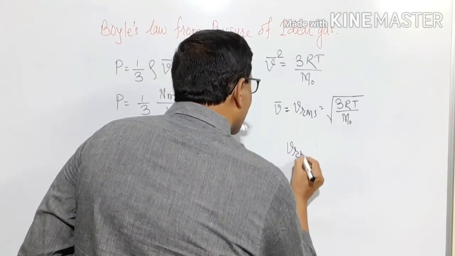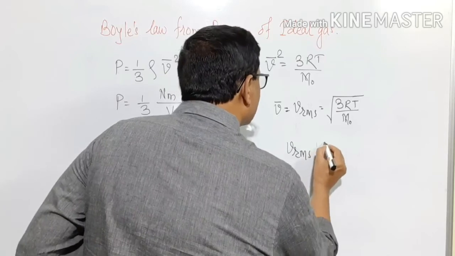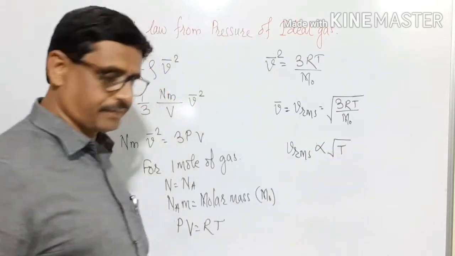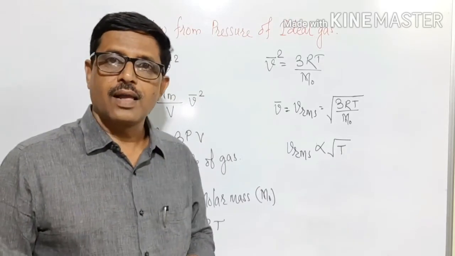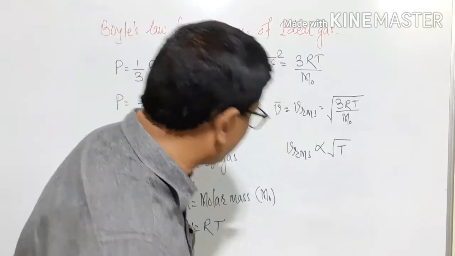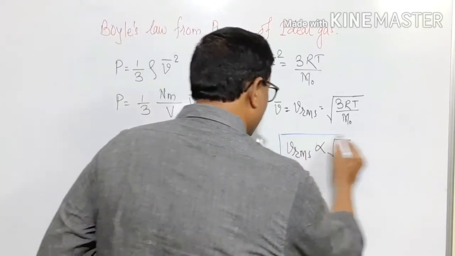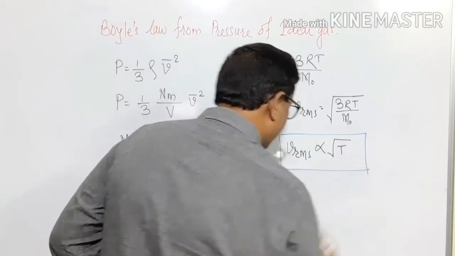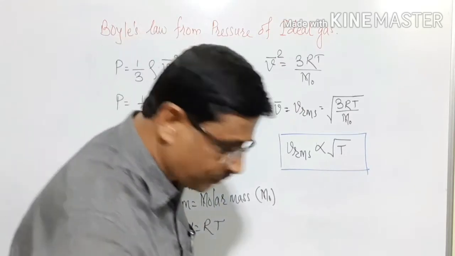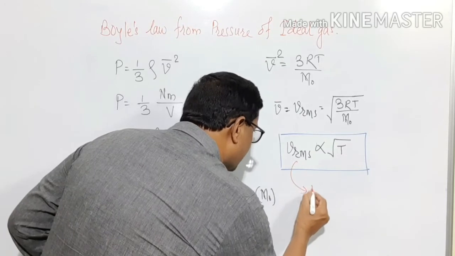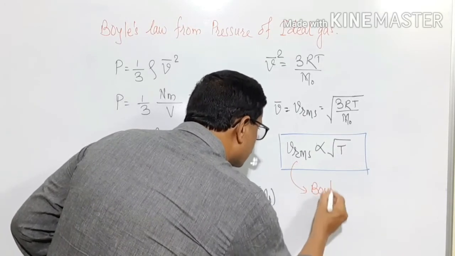Therefore, this RMS speed is directly proportional to the square root of the absolute temperature of the gas. This is the alternative statement of Boyle's law.